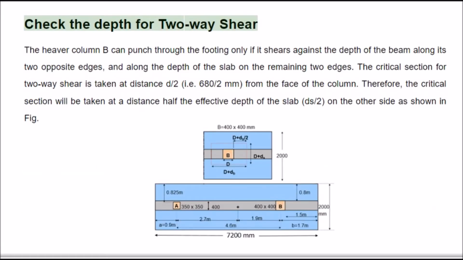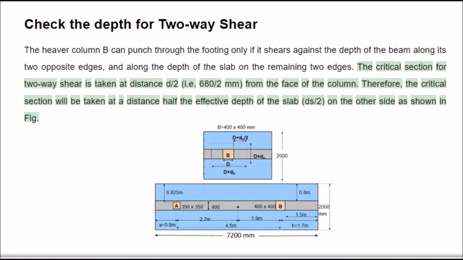Check the depth for two-way shear. The heavier column B can punch through the footing only if it shears against the depth of the beam along its two opposite edges, and along the depth of the slab on the remaining two edges. The critical section for two-way shear is taken at distance d/2, i.e. 680/2 mm, from the face of the column.